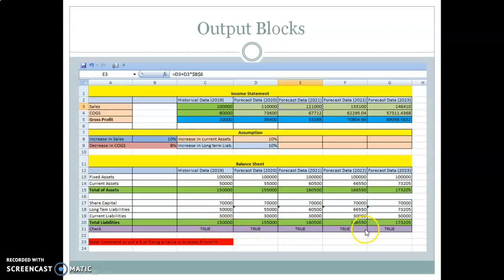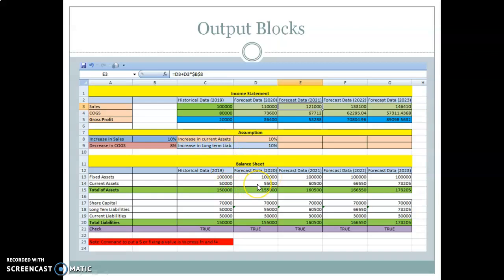True means yes, this is correct. Again you could drag it, and then automatically if total of assets are equal to the total of liabilities, it will show true, true, true. It means you need not check again and again whether the total of assets and total of liabilities are the same or not. Right? Again, over here we have to link this assumption with all the inputs like increase in current asset, right?